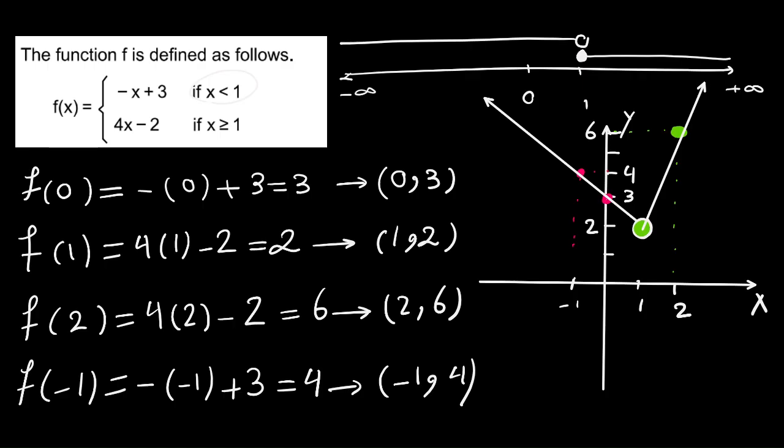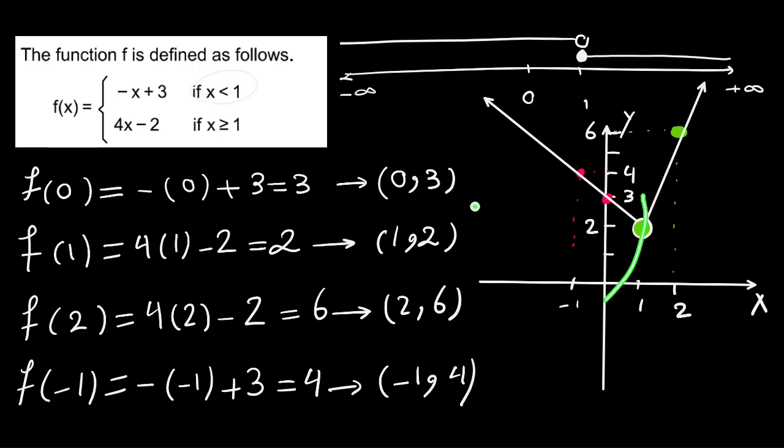It is obvious that this graph is not symmetric with respect to the origin or the y-axis, so it's not even or odd. And if you move on the graph of the function in the positive direction of the x-axis, you see that the graph is decreasing from negative infinity to 1, and then it's increasing.